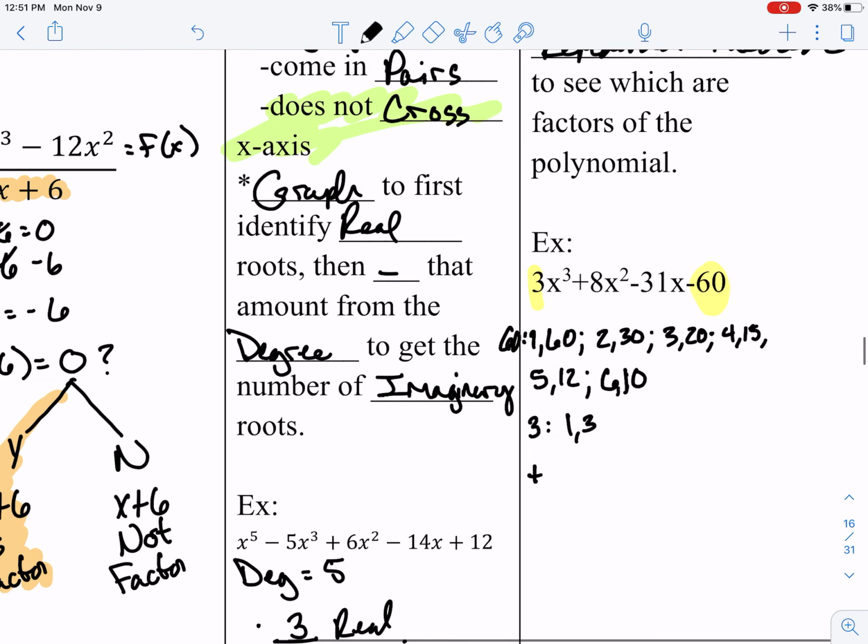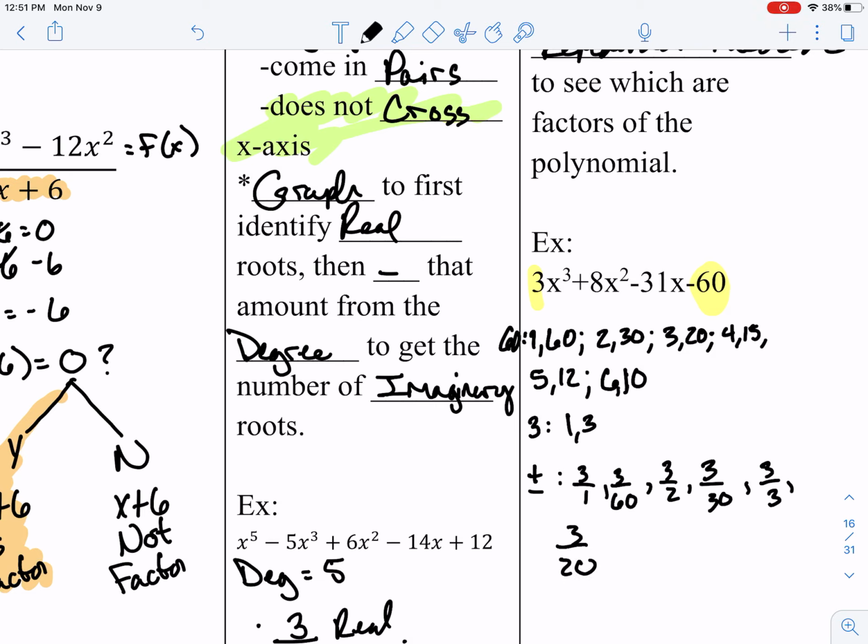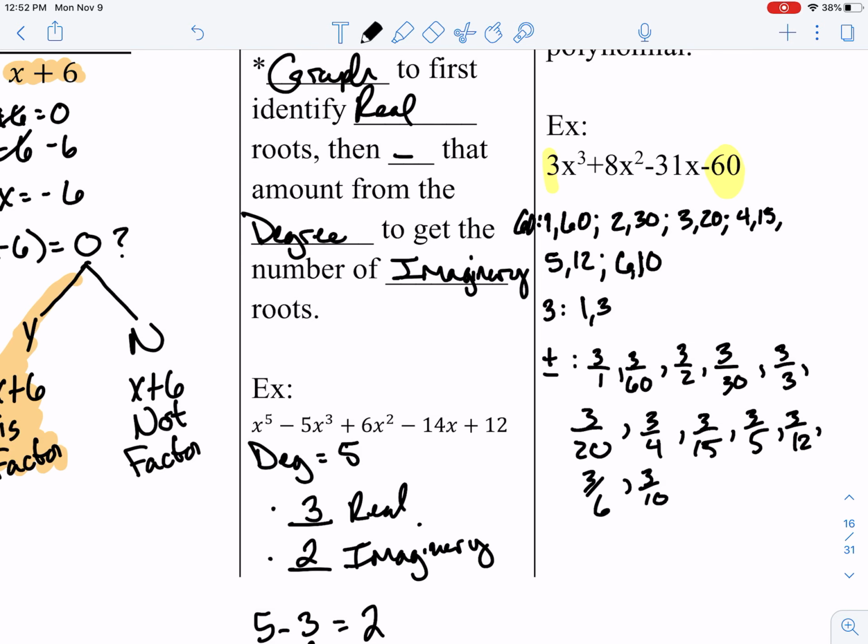So plus or minus 3 over 1, 3 over 60, 3 over 2, 3 over 30, 3 over 3, 3 over 20, 3 over 4, 3 over 15, 3 over 5, 3 over 12, 3 over 6, and 3 over 10. And again, these are both positive and negative.